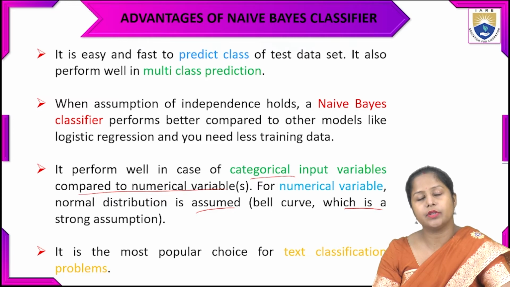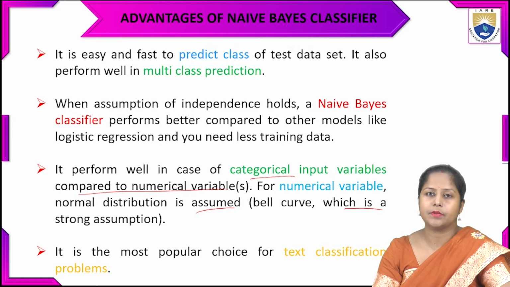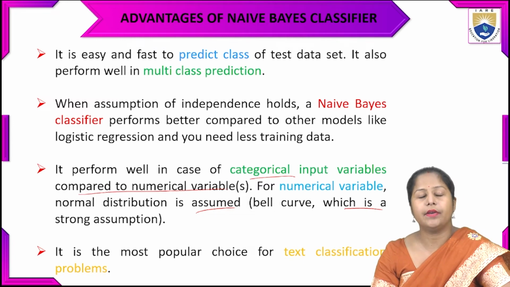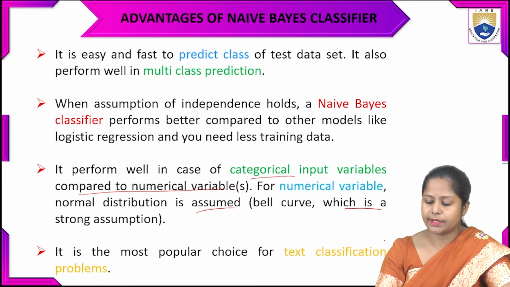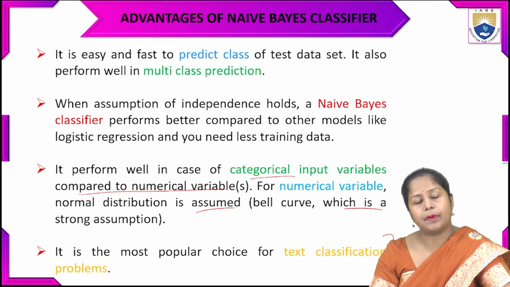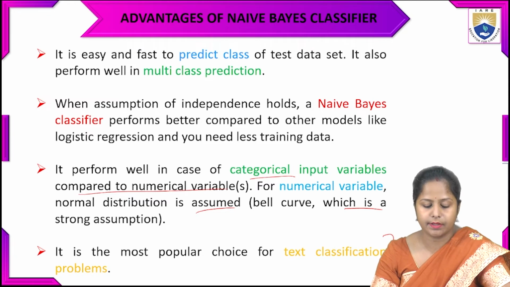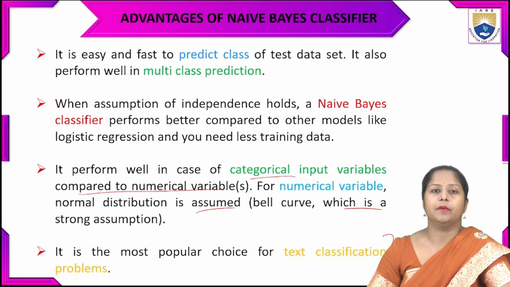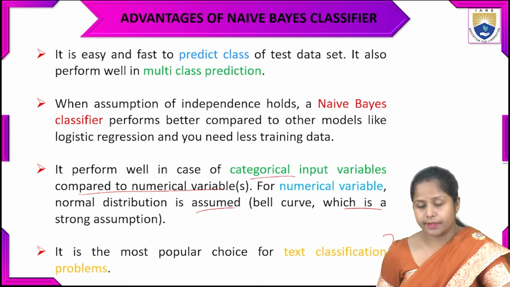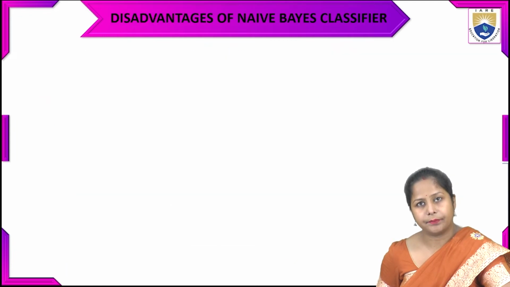If normal distribution is there, that is the strong assumption that the particular event is going to happen. But if we are having categorical type of variables, then we will use the naive Bayes classifier. It is the most popular choice for text classification in some problems. So those were the advantages of naive Bayes classifiers.